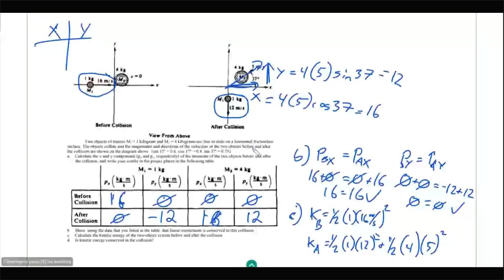There you go. And this will give us an answer of 122 joules. And then if we compare it to 0.5 times 1 times 16 squared, you end up with 128. Is kinetic energy conserved? Nope, it's not. We don't have the same energy before and after.